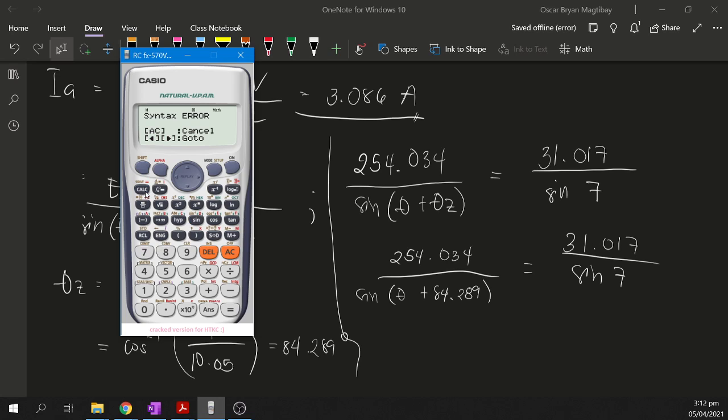Shift solve. Oops, syntax error. Bakit? Shift solve. Okay.